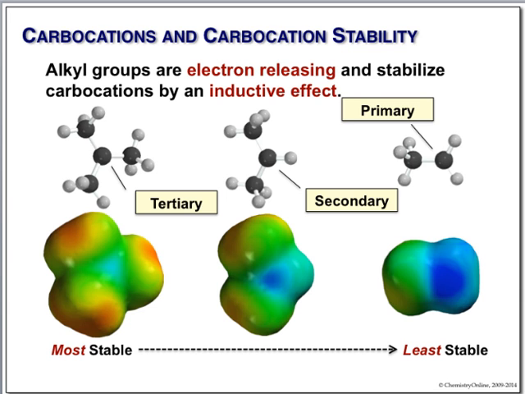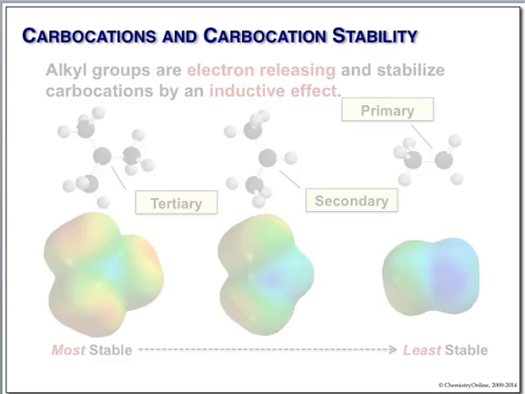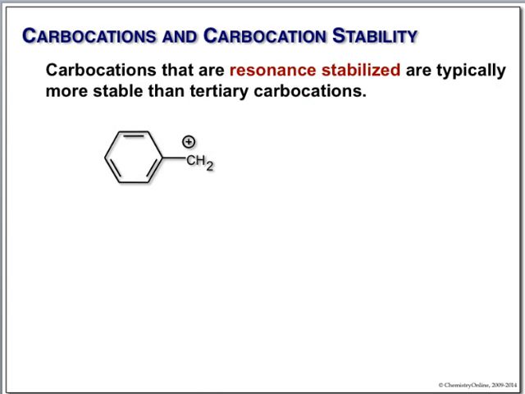Now remember we said that tertiary was stable, but the most stable carbocation is always going to be one that was resonance stabilized. Our favorite thing here, as always, is going to be our benzyl group. Remember the benzyl carbocation. We can move electrons from the ring and delocalize the charge on the ring carbons.